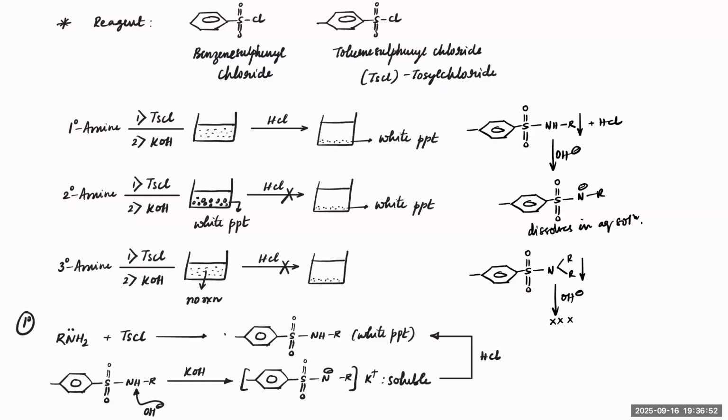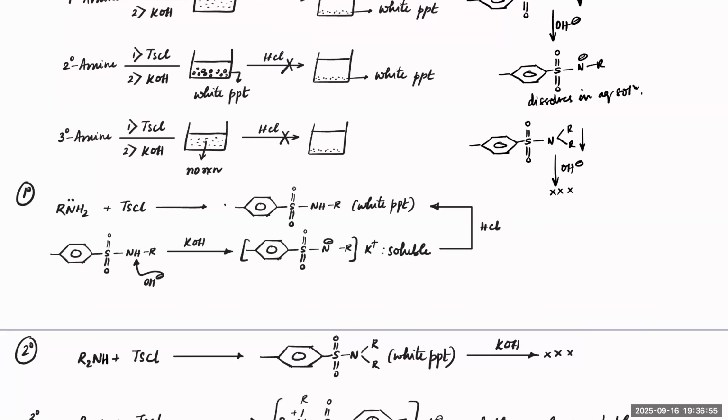And lastly, if it is 3 degree amine, 3 degree amine never forms a precipitate. Because if it is 3 degree amine, it will exist in a salt form only, like this: S double bond O and N plus and three R groups, and Cl minus.